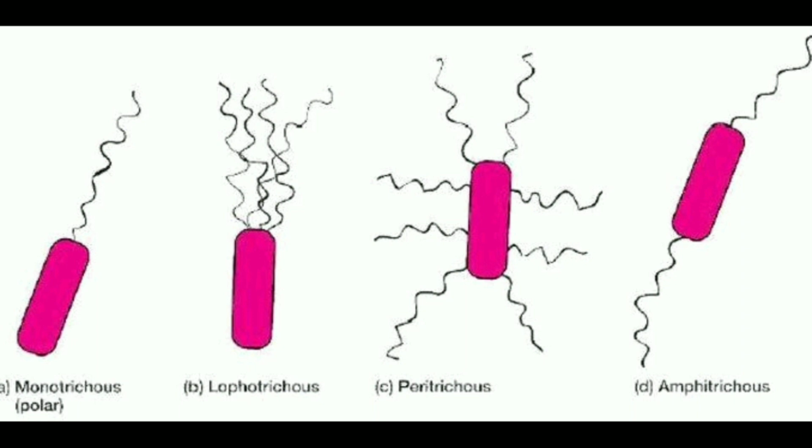And if flagella arise from both ends, either single at each end or a tuft at each end, it is amphitrichous. So these are the four arrangements of a flagella: monotrichous, lophotrichous, peritrichous, and amphitrichous.